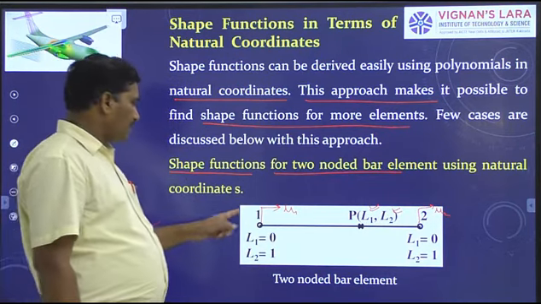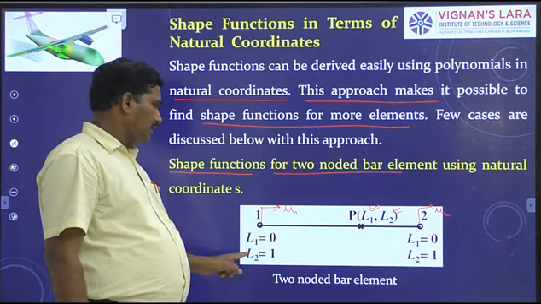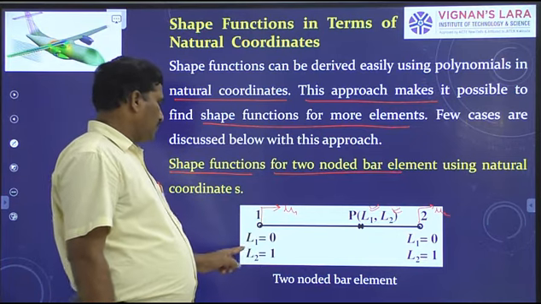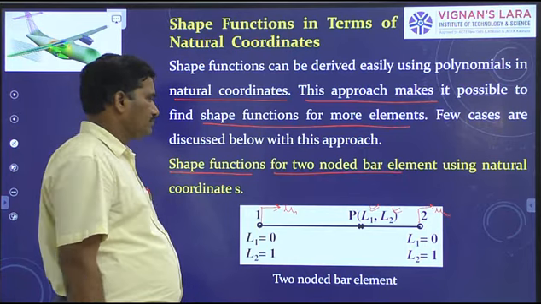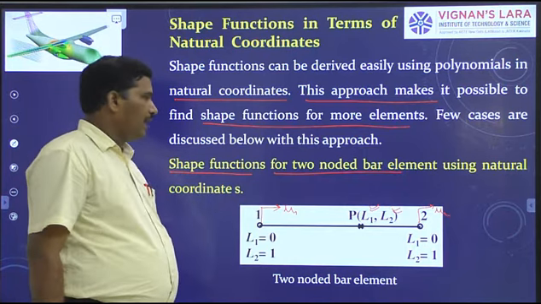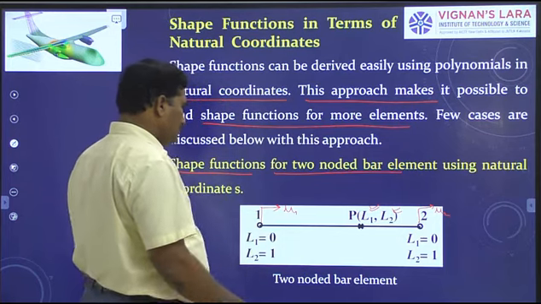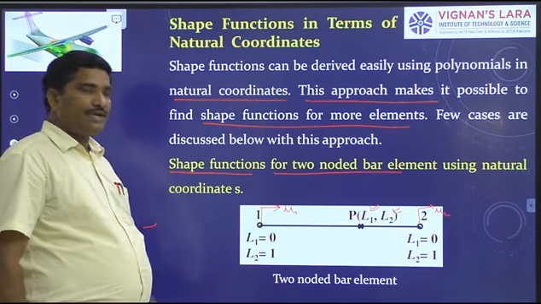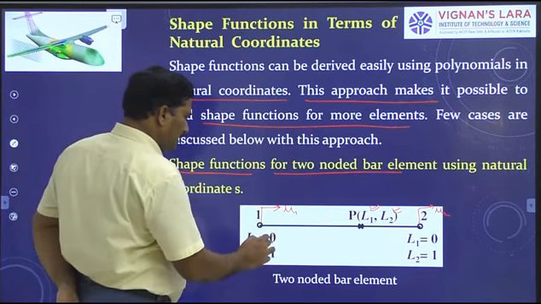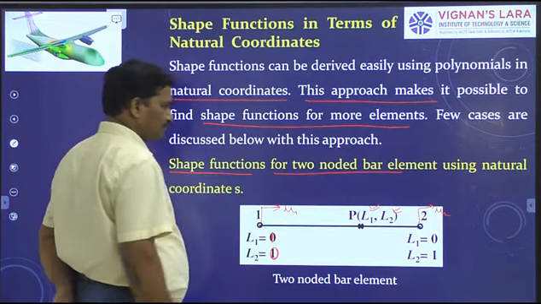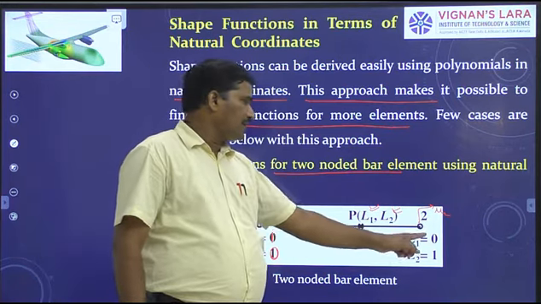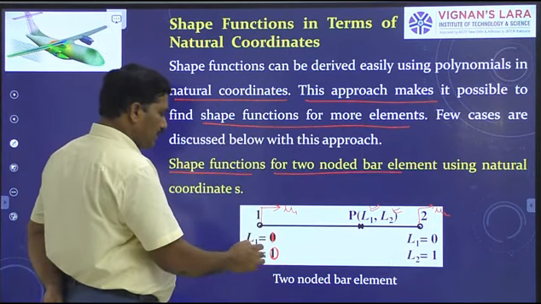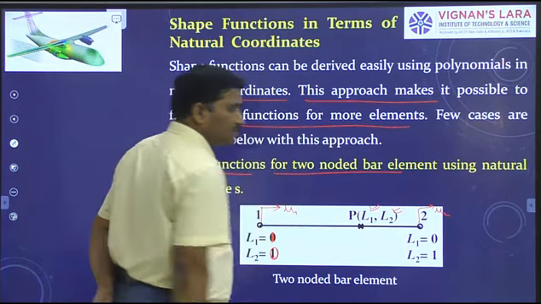Make a correction: at node 1, L1 is unity and L2 is 0. At node 2, L1 is 0 and L2 is unity.